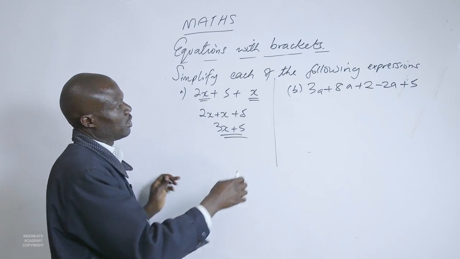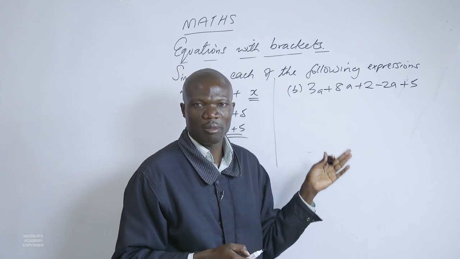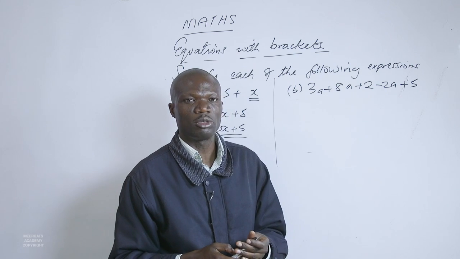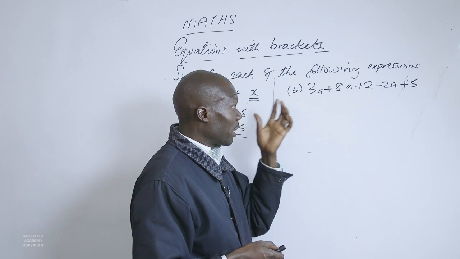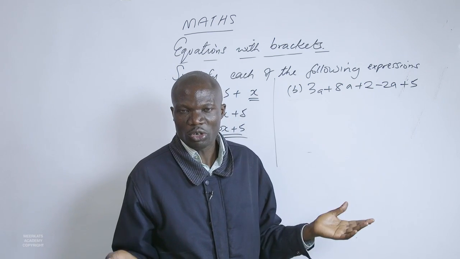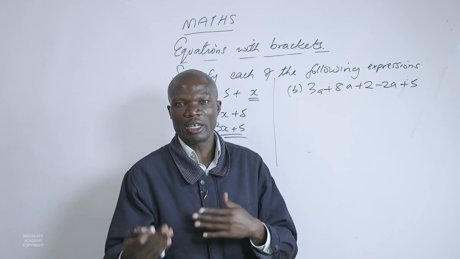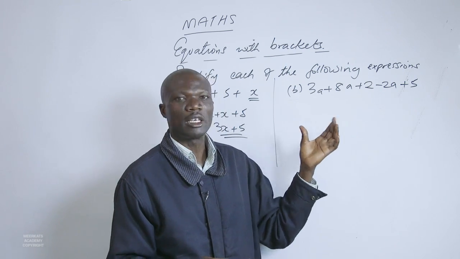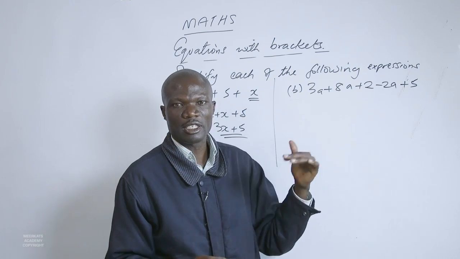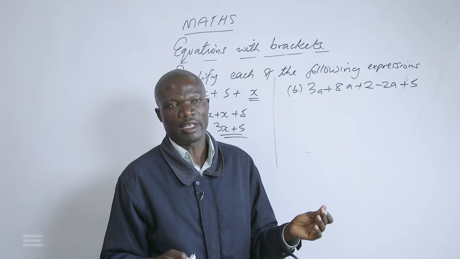That is our simplified solution. For the second part, we identify the like terms. We have 3a plus 8a plus 2 minus 2a, and then plus 5. Take note that the whole numbers, the constants, are also like terms. If we have 5 and 4, we can bring them together by adding them. So we have the pronumerals, and we also have the constants.